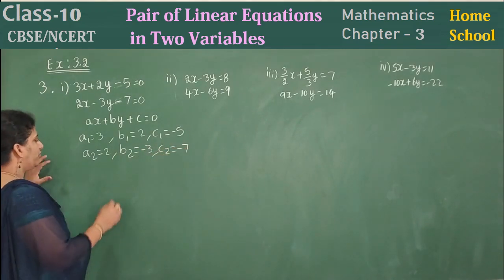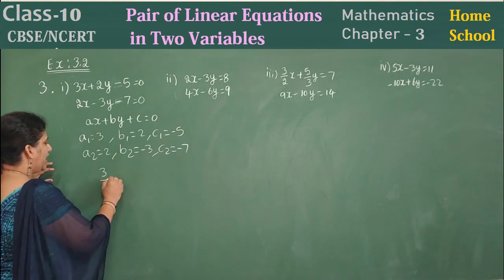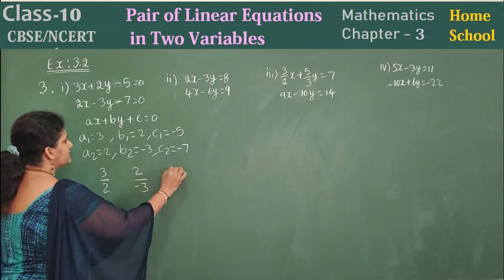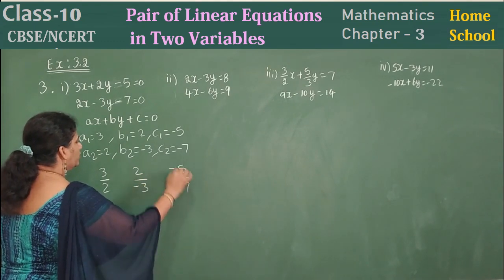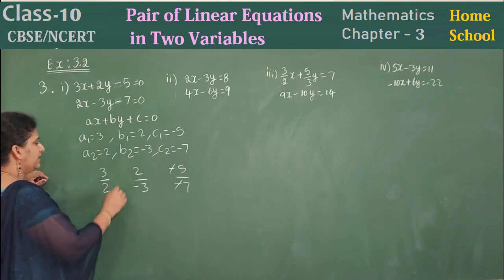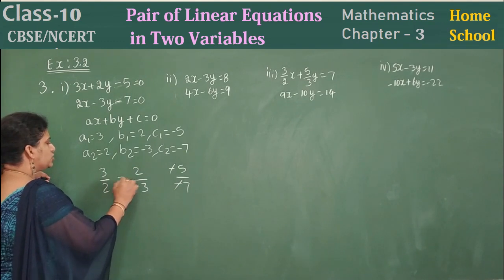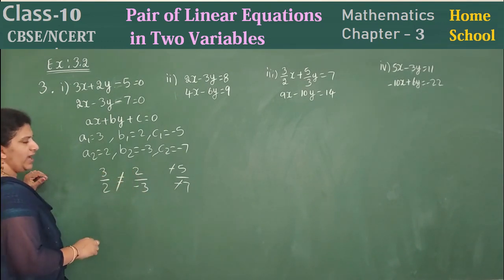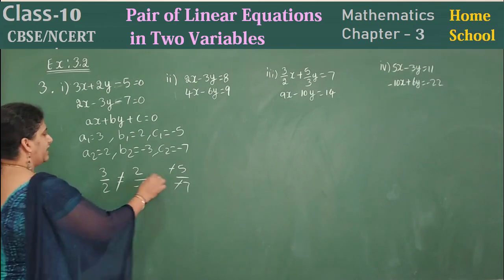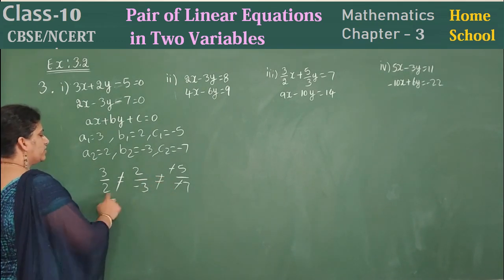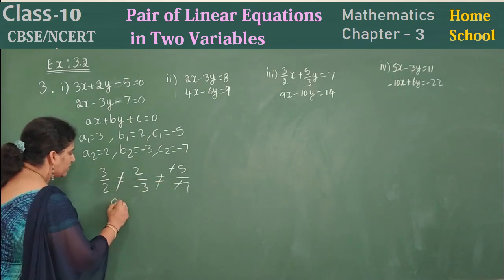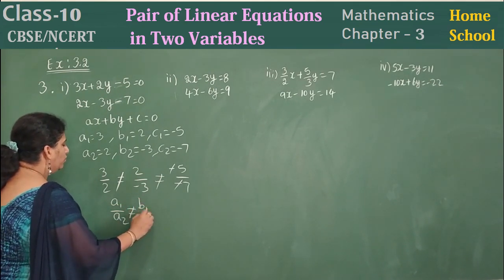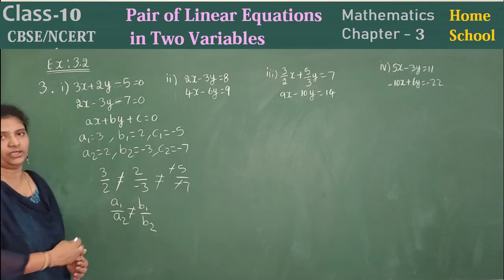Now see the ratios here: a1 by a2, b1 by b2, c1 by c2. Minus minus cancel, and 3 by 2 is not equal to 2 by minus 3, and this is also not equal. So immediately when you see this, what can you say? a1 by a2 is not equal to b1 by b2.